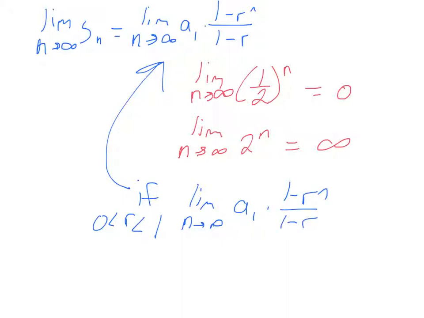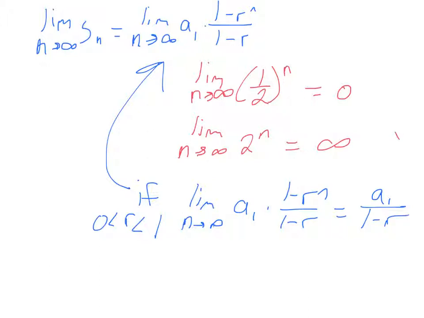What's going to happen? a is a constant. That's not changing. r is a constant value. The only thing that's changing here is n. So as n goes to infinity, r to the n is just going to become 0, as we talked about, if r is between 0 and 1. And if that's the case, I'll just end up with a sub 1 over 1 minus r.